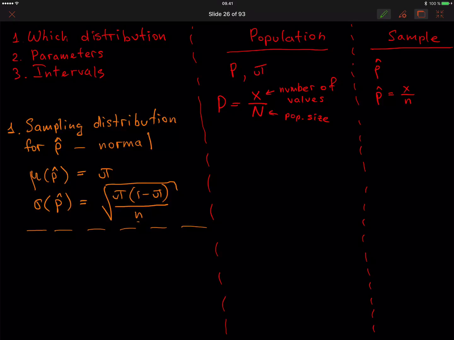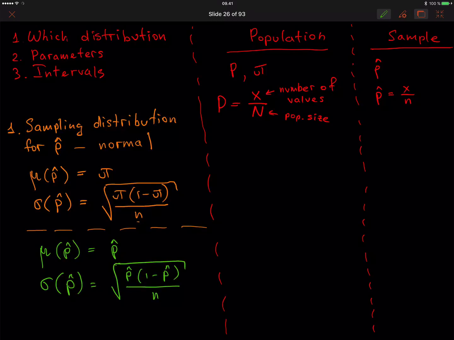What if we don't know? Well, if we don't know the population proportion, then we can replace it with a sample proportion, with the estimated proportion, but with a certain requirement. So we can say that the mu is the proportion of the sample, and sigma is calculated the same way, but using the proportion of the sample, divided by n.